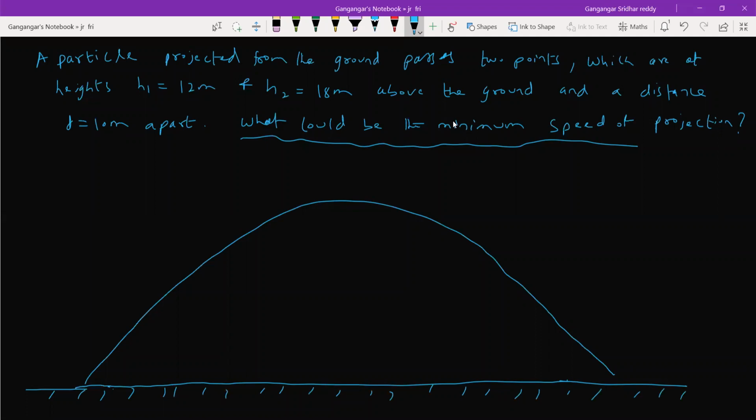So it is projected now. It is asking for this particular speed. Call this angle beta.